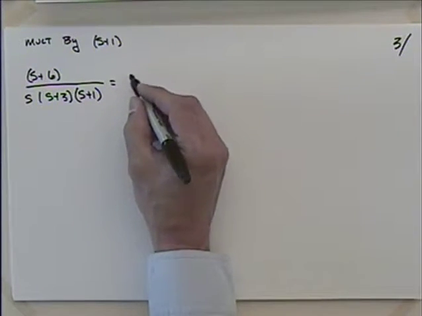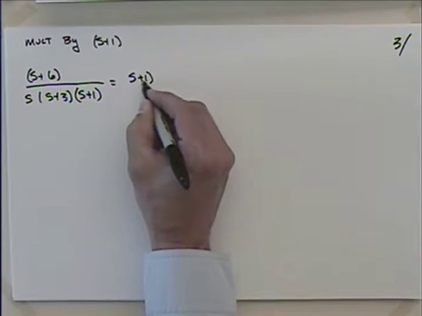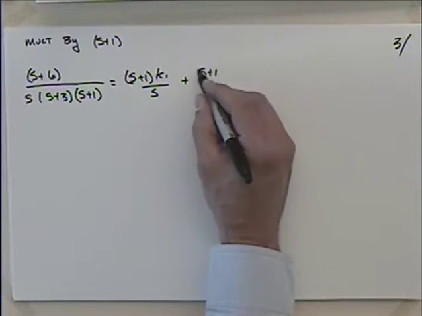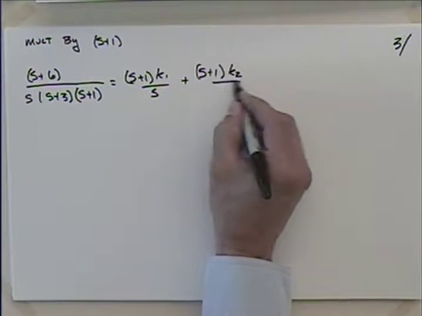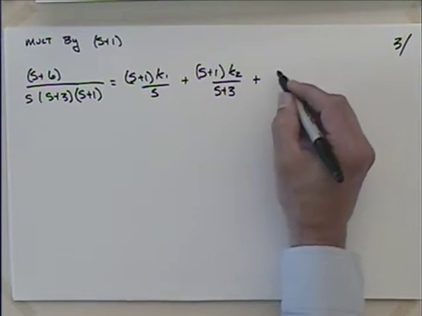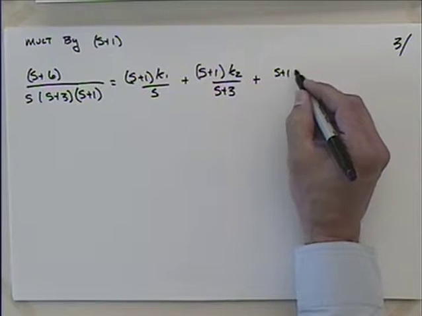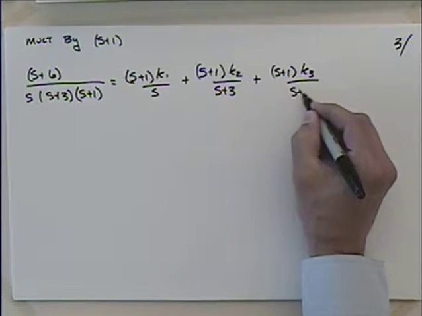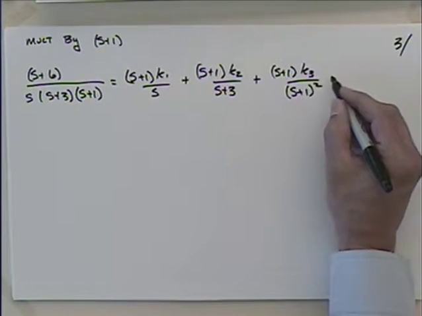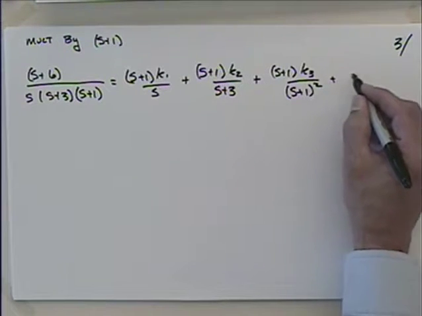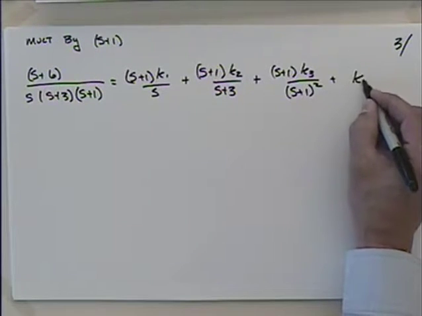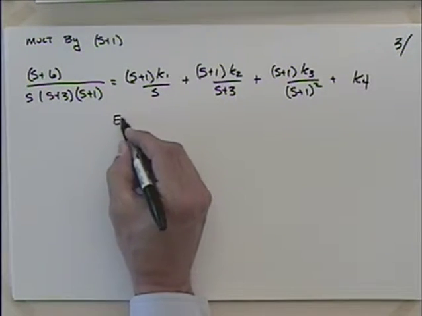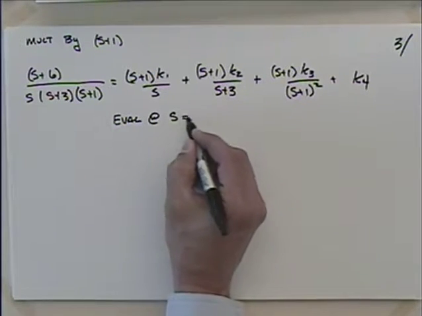Which is going to be equal to s plus 1 times k1 over s plus 1 times k2 over s plus 3 plus s plus 1 times k3 over s plus 1 squared plus, I finally get k4, don't I? Or do I? So then as we write down this evaluation at s equals minus 1?